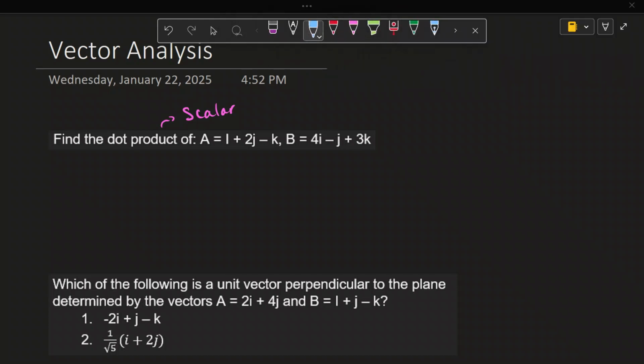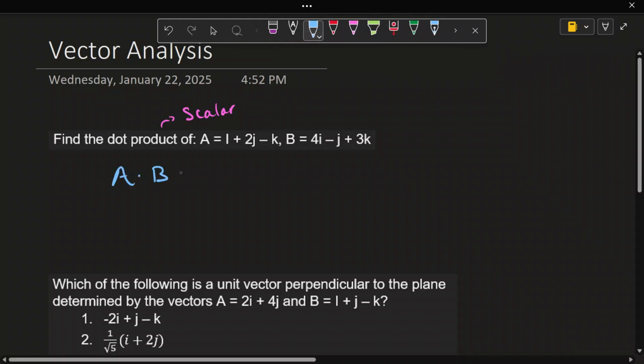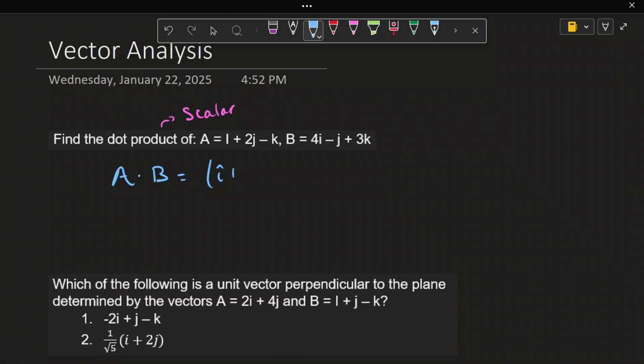So here, when we do the dot product between A and B, we denote it by A dot B. This is going to be equal to I hat plus 2J hat minus K hat times 4I hat minus J hat plus 3K hat.